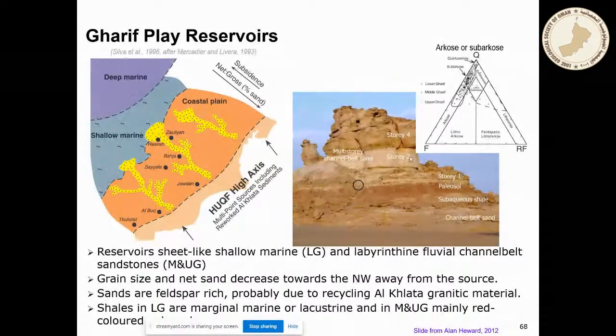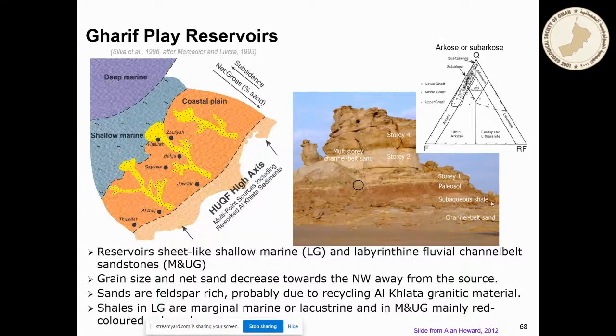And also one of the main problems within the Garif reservoirs is the fact you have something called paleosols. Okay, so all this old soil that was deposited on the banks of these channel systems can impede the flow of oil between these stories or tanks of sand, as you see here.